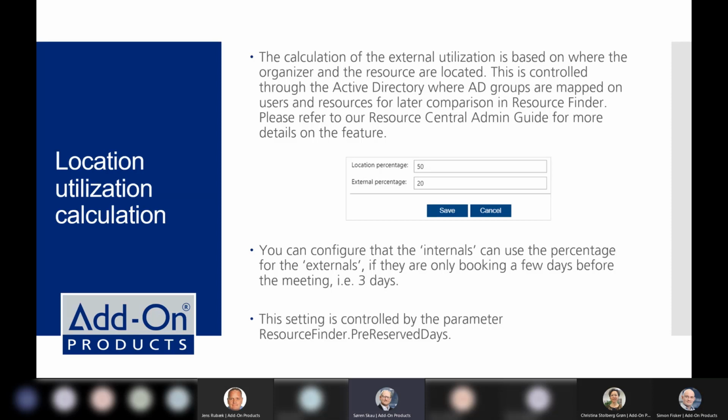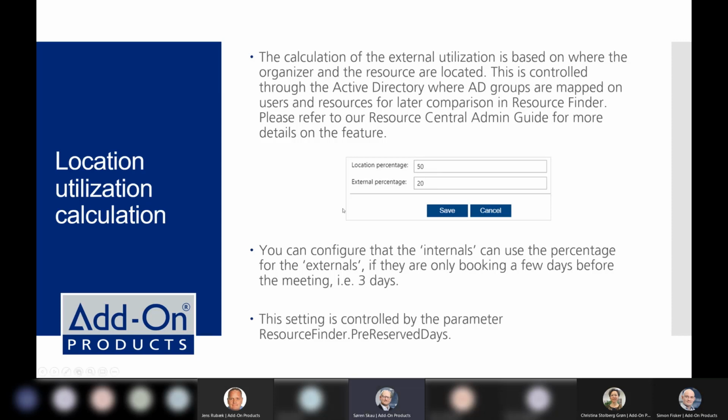Meaning, are you internal, meaning we will work with the location percentage, or are you considered an external? In this case, we have 50% like before for the internals and 20% for the externals. That means we do have a total utilization of 70% for our resources in this location.